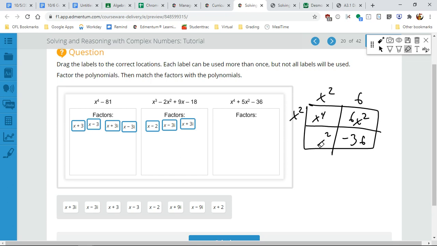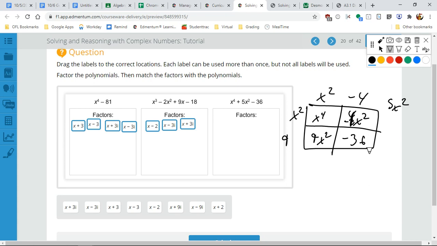How can I get 5? Well, I can think of this as positive 9 and this negative 4. That also gives me 36, but more importantly, it gives me 5x squared here.